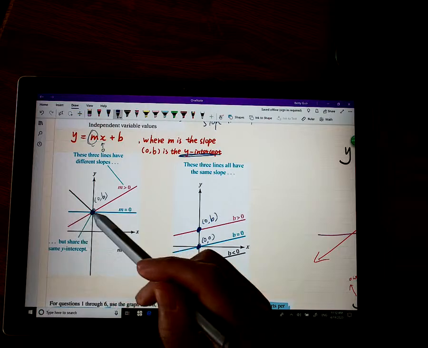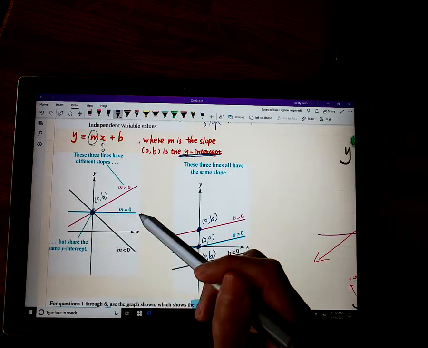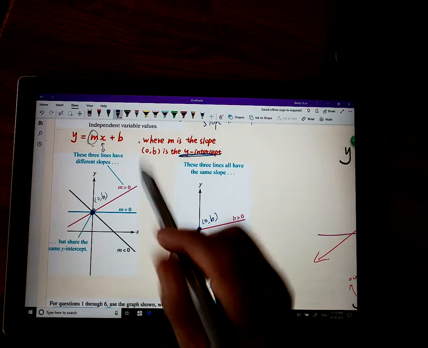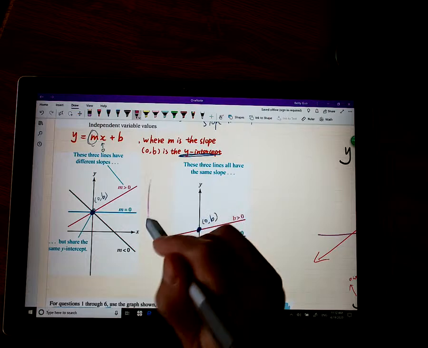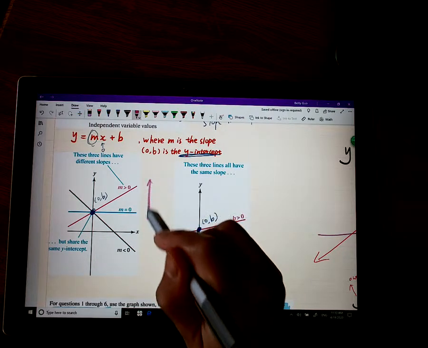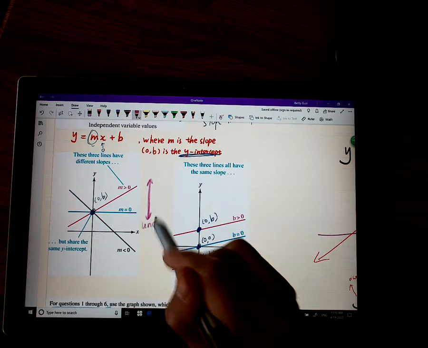If you see a straight line horizontal, flat, then the slope is 0. What if you see a straight line vertical? The only correct way to describe the slope of a vertical straight line is undefined.